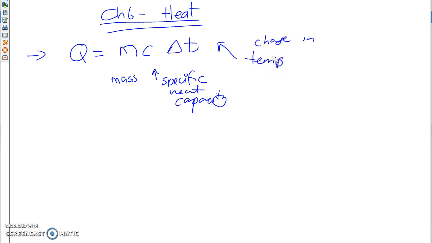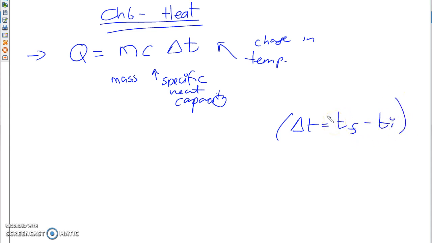Now, when I was marking your quizzes and your tests, a lot of people just didn't understand this delta T. So when we're talking about delta T, what are we talking about? Change in temperature. Yes, delta T, of course, is change in temperature, which is TF minus TI.